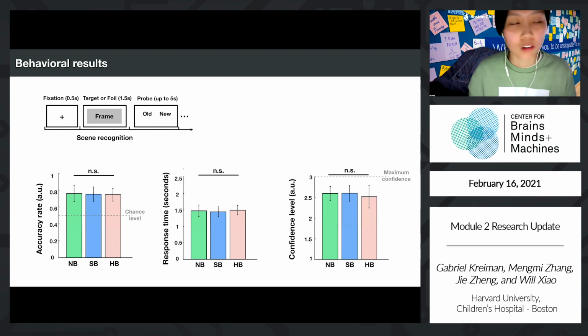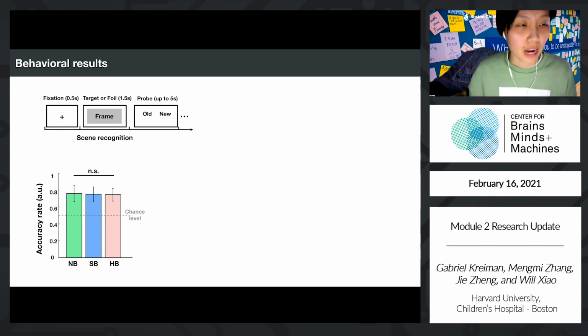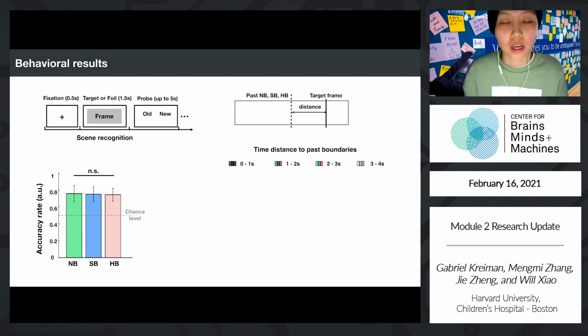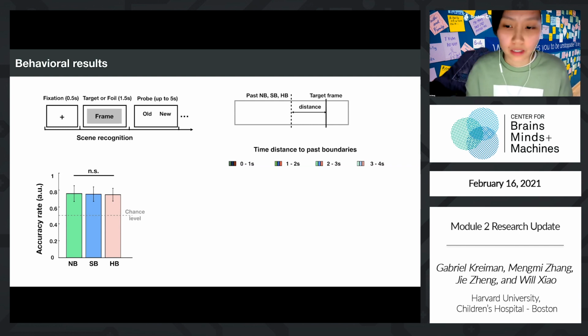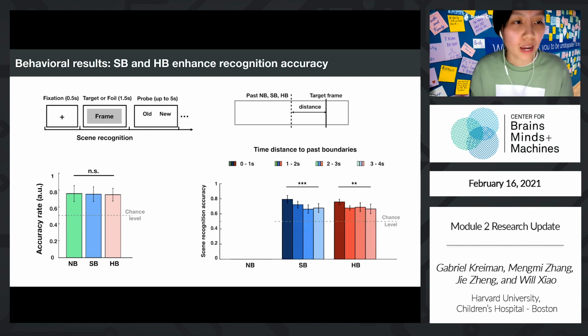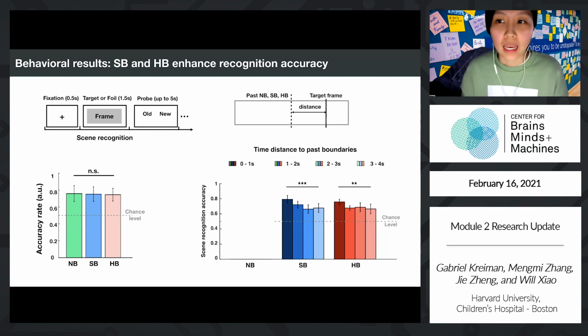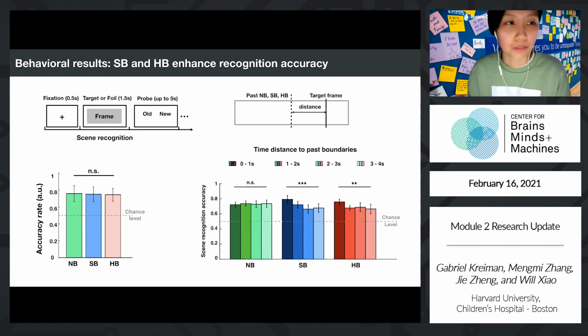However, if we take a closer look, for example at the accuracy rate, and split the trials within each boundary type based on the relative distance between the target frames we extracted from the clips and the previous boundaries, what we found is that the frames right after the soft boundary and hard boundary tend to be remembered better than the ones that are further away. And this kind of distance effect we didn't observe in the no boundary condition.